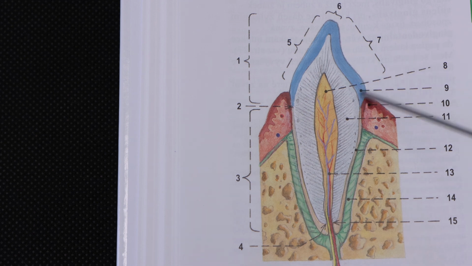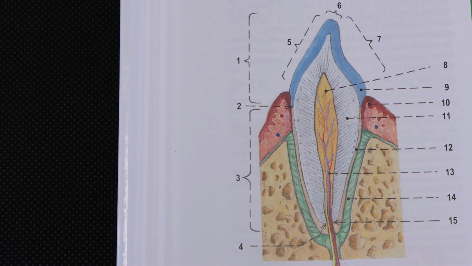But enamel doesn't have any sensitive innervation, and the vessels don't penetrate to the dentine.